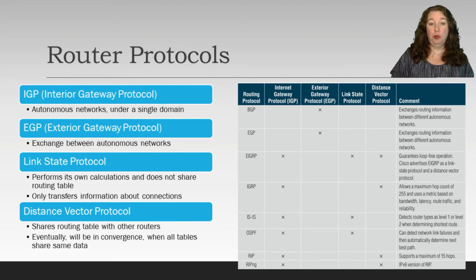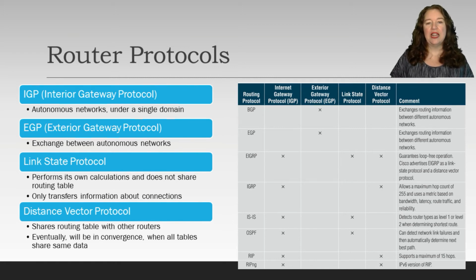Our link state protocol does its own calculations and it doesn't really share its routing table, but it does transfer information about the individual connections. So link state protocols will keep things kind of personal. They do their own calculations, but they will transfer some information about how things are connected and how things are moved around. Our distance vector protocol shares its routing table.